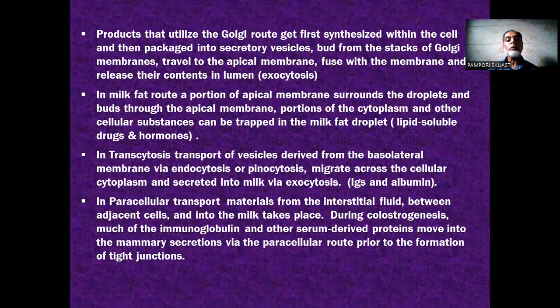Similarly, in the milk fat route, the milk fat is produced by the epithelial cells of the mammary gland and comes into the milk. It takes a route in which a portion of the apical membrane surrounds the droplet and buds through the apical membrane. Portions of the cytoplasm and other cellular substances can be trapped in the milk fat droplet. That's how lipid soluble drugs and hormones get in. So here it's not exocytosis, basically.